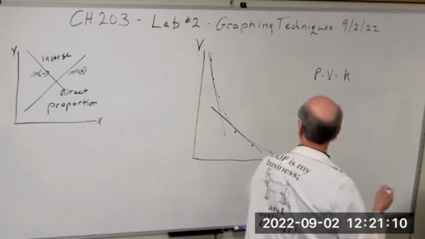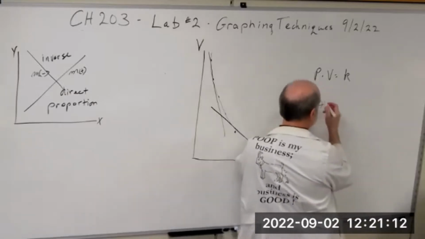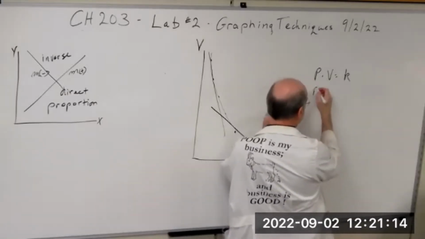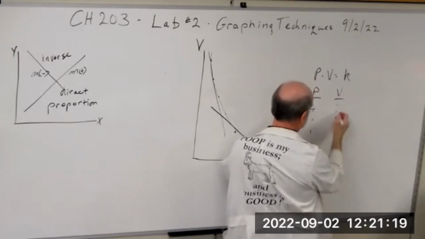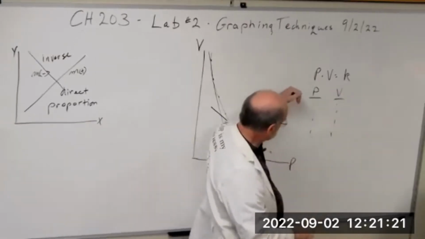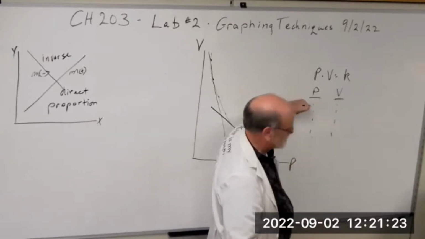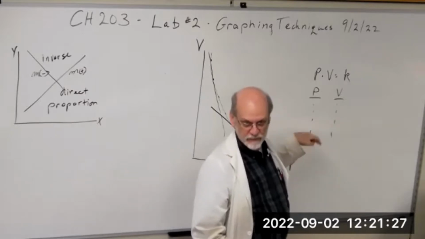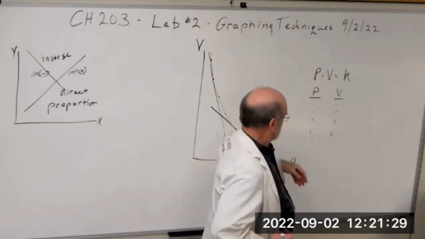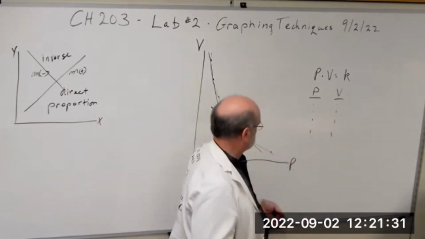Okay? So if we say we changed the pressure, and we got volume measurements, each measurement is a data point. Right? X, Y, X, Y, X, Y, or PV, PV, PV. But that gives us a curve.